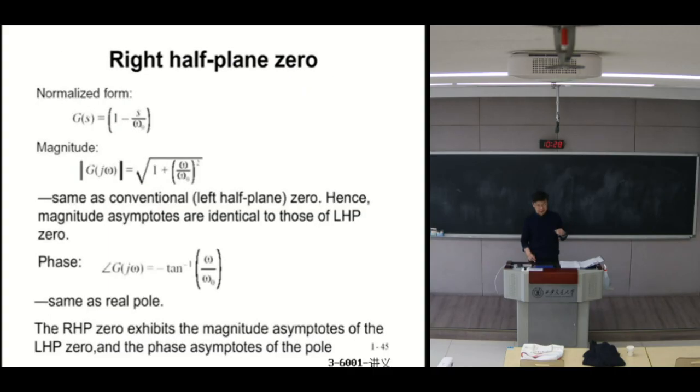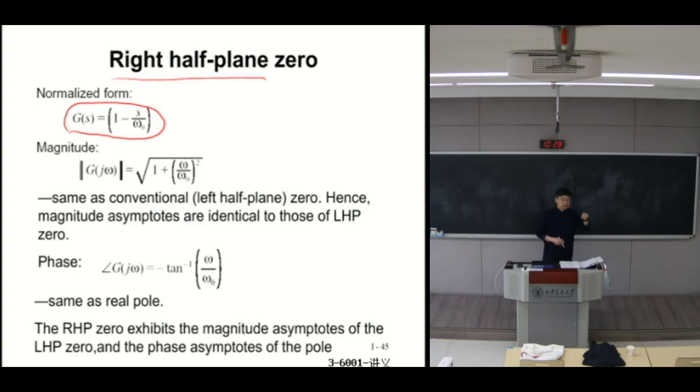But then there's, as I mentioned, a strange one. You might not have seen this before. It's called the right half plane zero. A right half plane zero means this zero is actually located on the right half of the complex plane. The transfer function is in this form. It's not like the normal single zero, which is 1 plus s over omega 0.